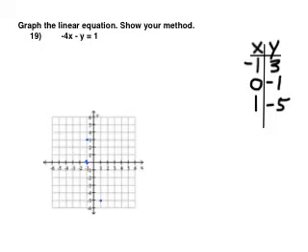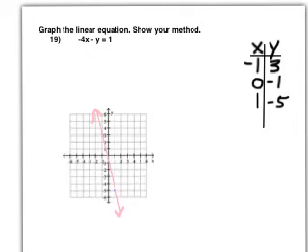Okay, so negative 1, 3 is right. 0, negative 1 is wrong. 0, negative 1, there we go. See, I can make a mistake. Okay, 0, negative 1. And then 1, negative 5. See, when you're doing a table, that's why you want 3 points, so you can see if you've done something wrong. Okay, so now we can graph our line.